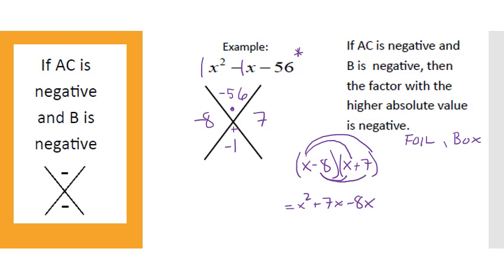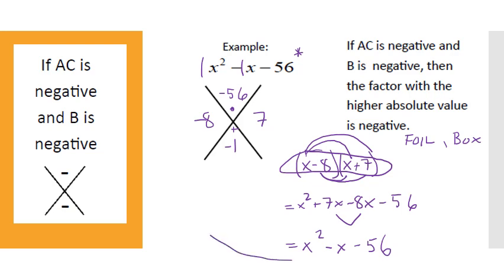And negative 8 times 7 is negative 56. When I simplify, I can combine my like terms there. x squared, positive 7 minus 8 would be negative 1x, and I have minus 56. So from this solution, this is our answer. I checked by multiplying, or FOILing, and I got the original question. And that's how it always should work out.